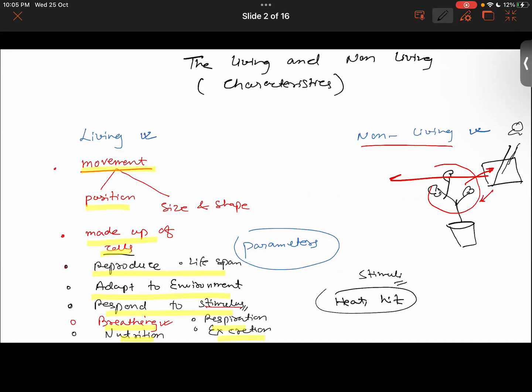Then the characteristics of living organisms. Moments ago we just saw these characteristics of living organisms, right?